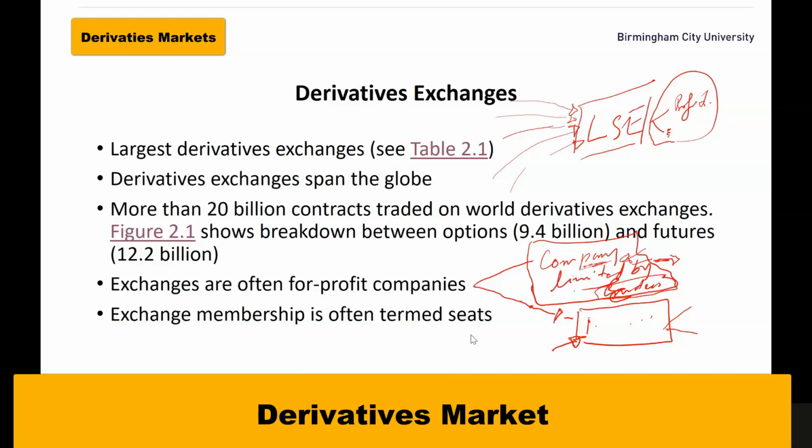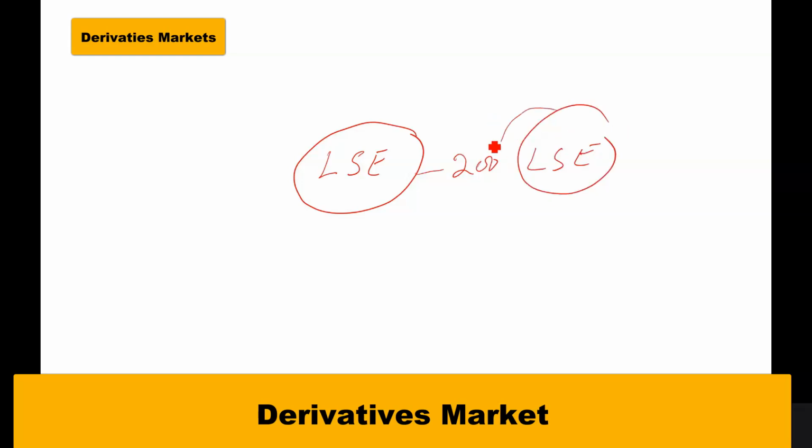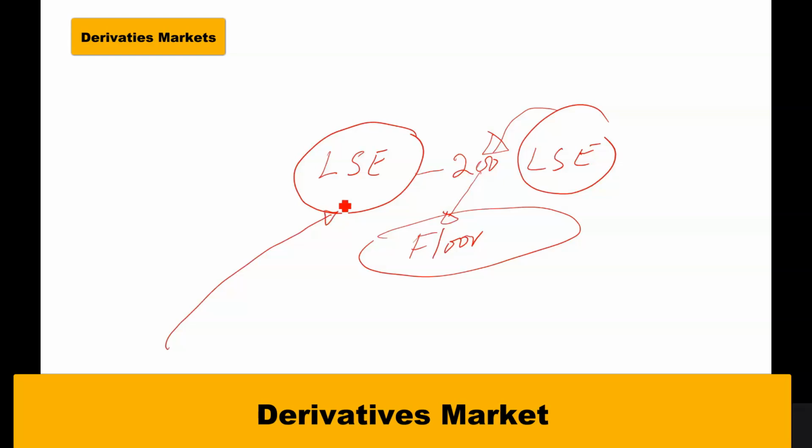To be able to trade on a market, you need to have a seat. If we have the London Stock Exchange, and let's suppose there are 200 members, only these 200 members have access to the floor of the market. If I want to trade on the London Stock Exchange, I cannot.